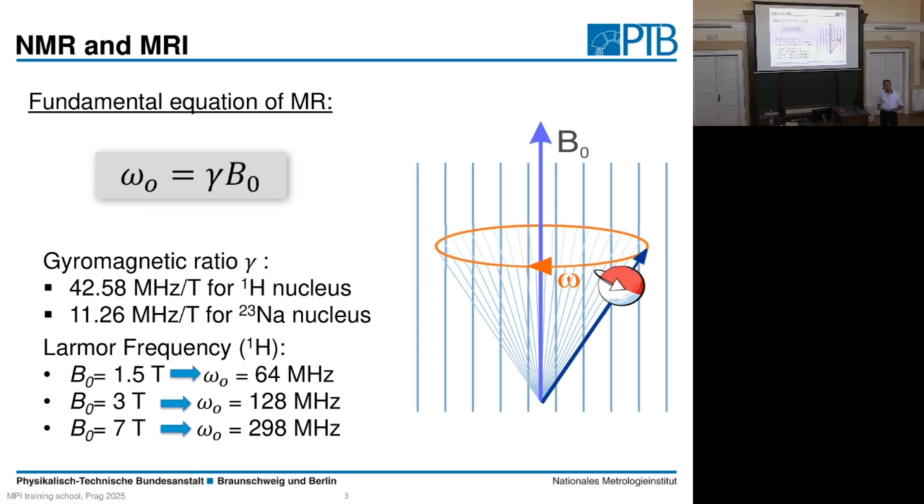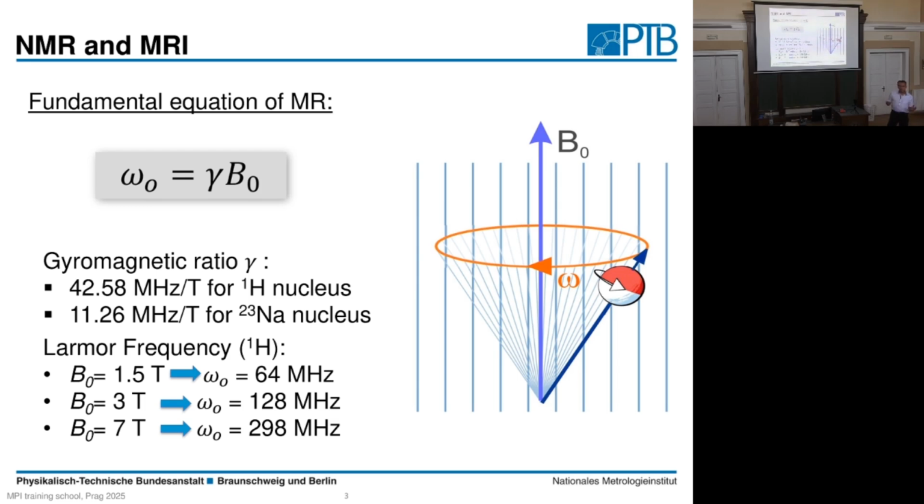But for the same type of nucleus, like protons or nitrogen, we always have the same relation. It depends only on B0. Here we have some values for optical scanners, which we can find.